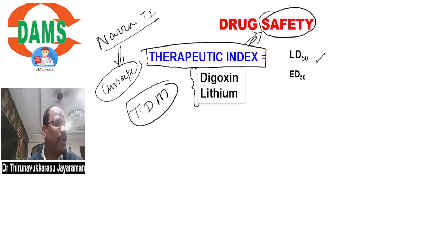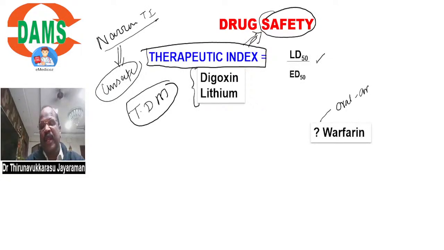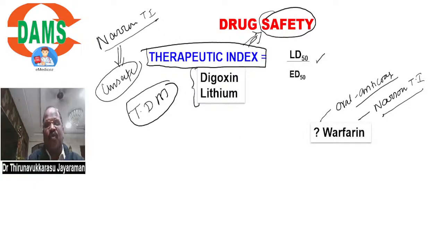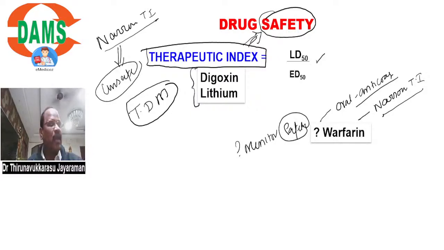Now a question to all my students, can you please extend your knowledge? We have one drug called warfarin, one of the orally given anticoagulants. This drug also has a narrow therapeutic index. My question is, how will you monitor the safety of warfarin?